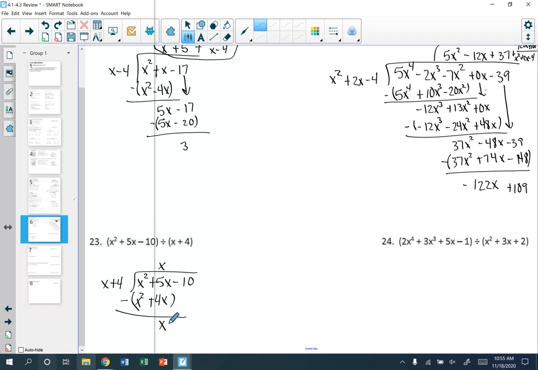We get x. Bring down your 10. I need 2x, so simply multiply by 1, so I get x plus 4. Subtract. You get negative 14. And nothing more we can do with that, so that's our remainder over our divisor.